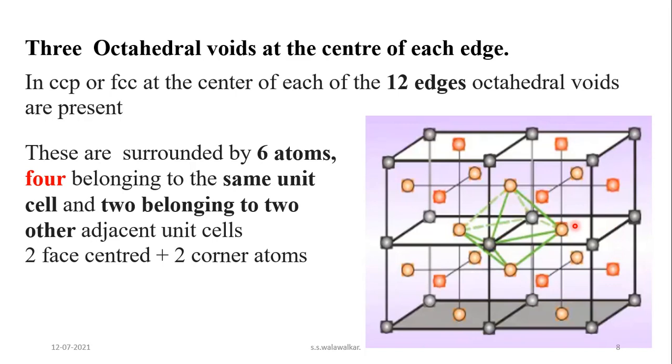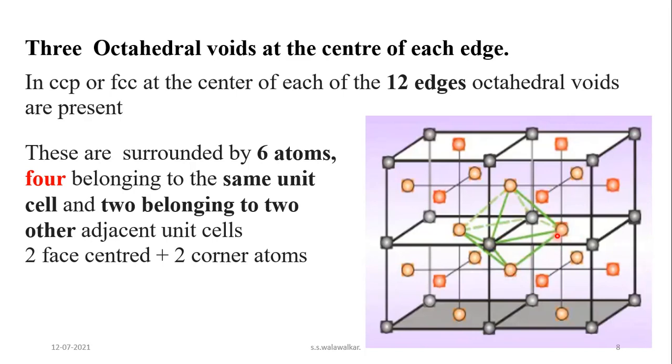See, suppose consider this unit cell. Now these are the two corner particles of this unit cell. And two face centered particles of this unit cell are involved in octahedral void formation. So this is one face center particle of this particular unit cell, and the top face one is another.